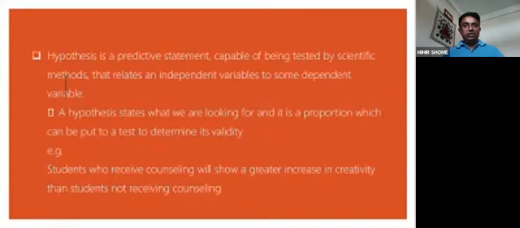First we will have to see what we are looking at, whether there is a significant difference or no significant difference, or it might be that boys are superior to the girls, or girls are inferior to the boys, whatever. This way we can also discuss. Here is another example: students who receive counseling will show a greater increase in creativity than students not receiving counseling.